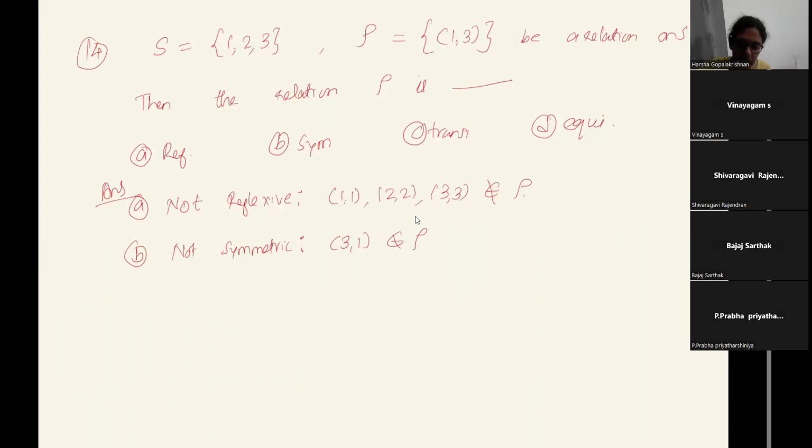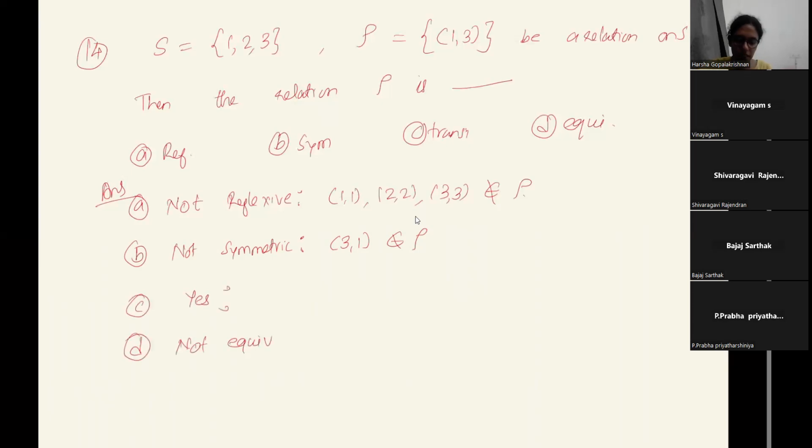Here (1, 3) is there, (3, 1) is not. So not symmetric. Now, is this transitive? Yes. Before explaining the third option, let's go to the fourth option. It is not an equivalence relation, because it is not reflexive and not symmetric.